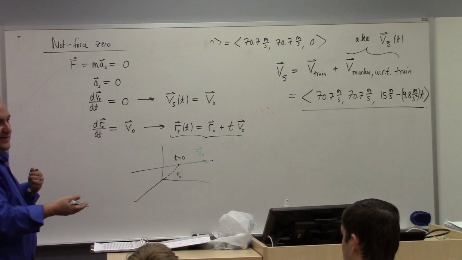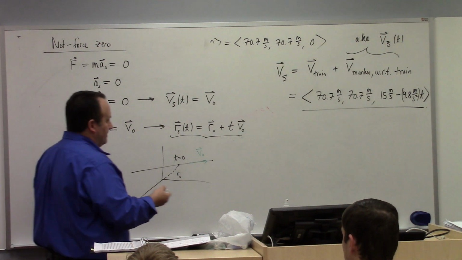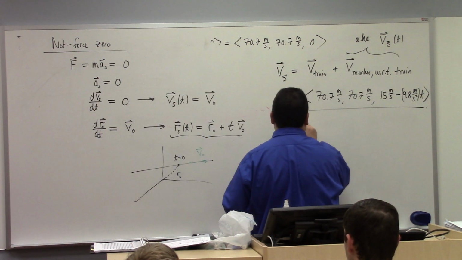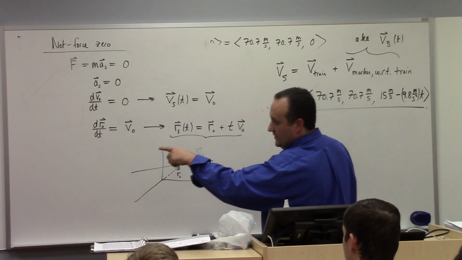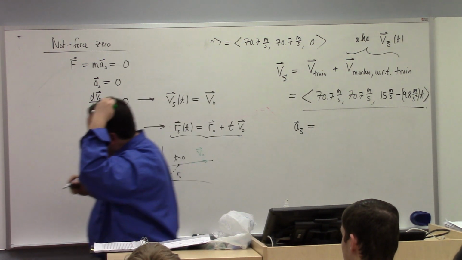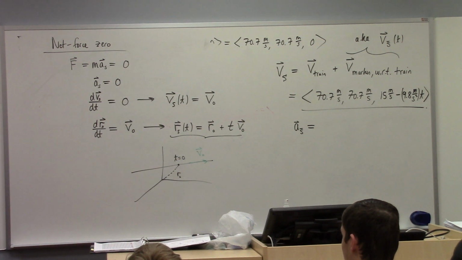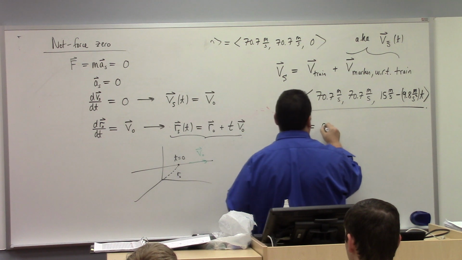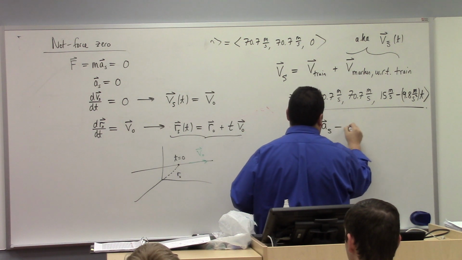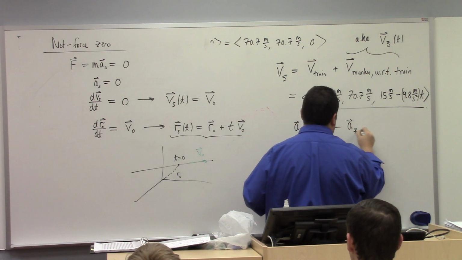So a sub s is equal to 0. What is a sub s bar? Right, it's equal to what? I guess we have to solve for it, but it would be a sub s minus a sub star, right? In my current notation.